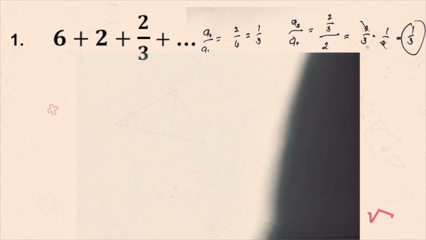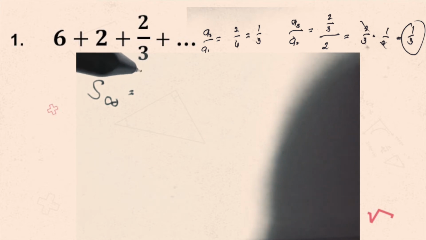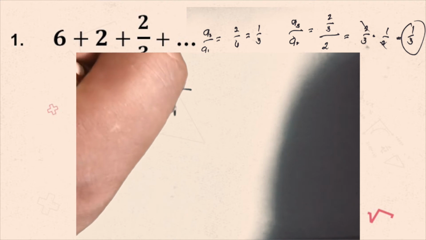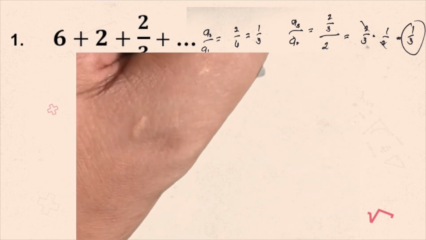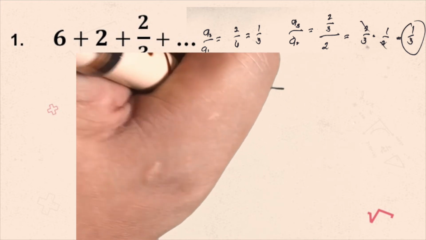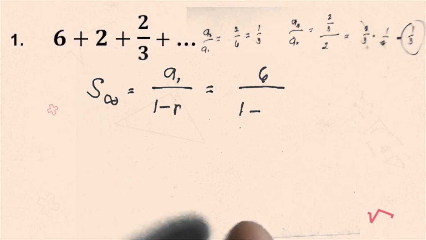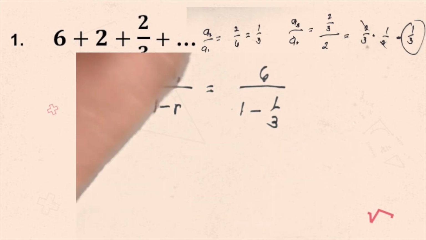Applying the formula, so in number 1, S sub infinity is equal to a sub 1 all over 1 minus r. So the first term in the given problem is 6 all over 1 minus the common ratio, which is 1/3. So 1 minus 1/3.